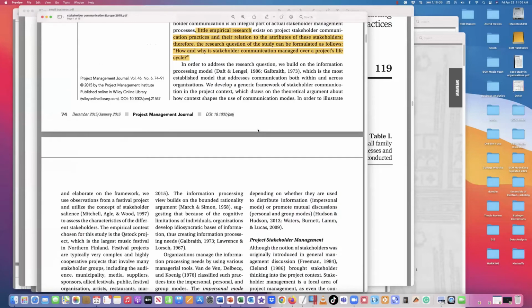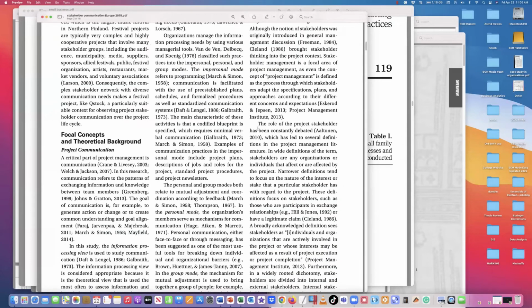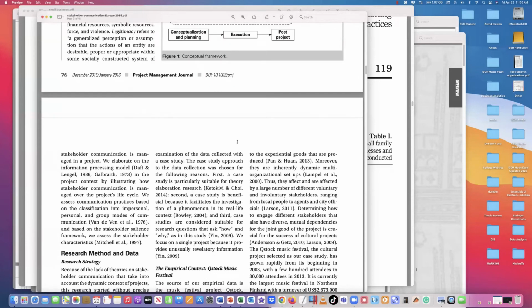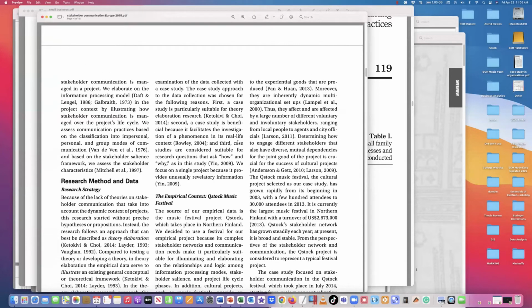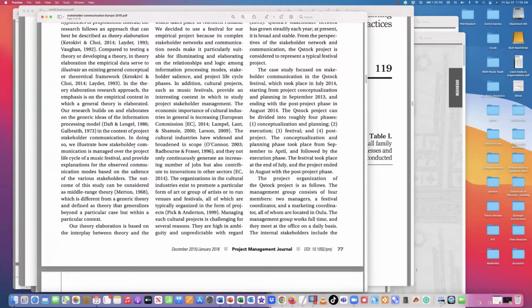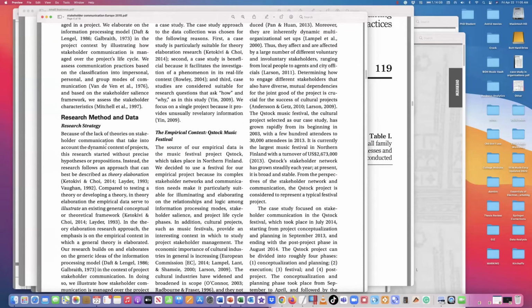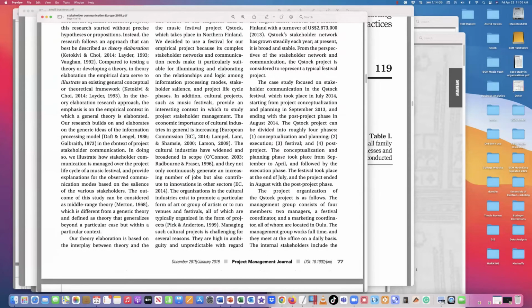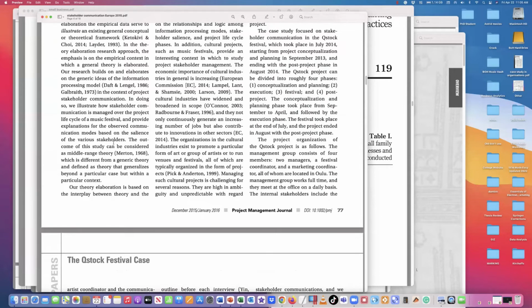So this is about project management. They look at managing projects, managing festivals as a project. If you read the methodology, it's very interesting. I think they do what we call theory elaboration. The idea is to try to come up with a theory or suggest a theory for a given context.